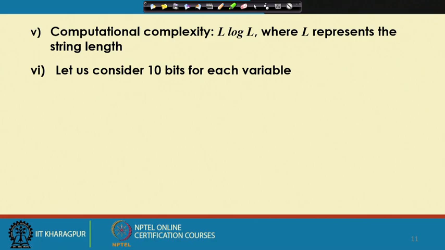Now, supposing that there are only two variables x 1 and x 2. If I need more accuracy in x 1, I will have to assign more bits to represent x 1 and consequently fewer bits to represent x 2. This capital L is nothing but the summation of L 1 and L 2.